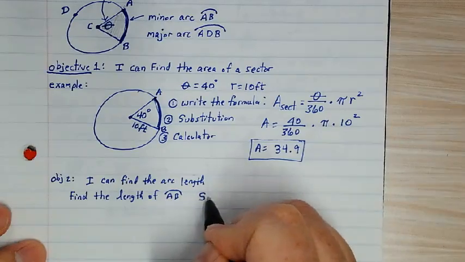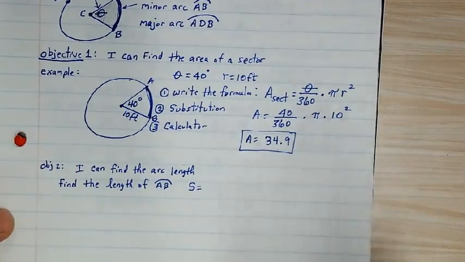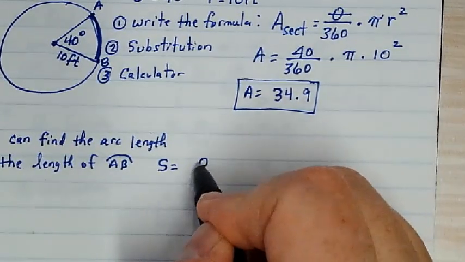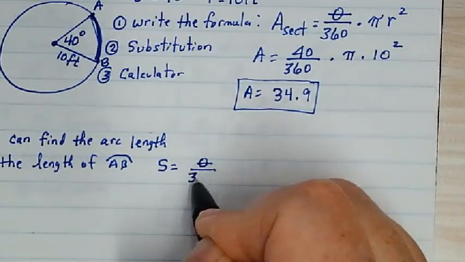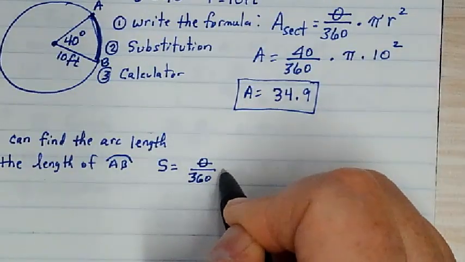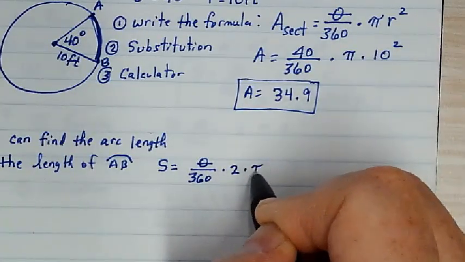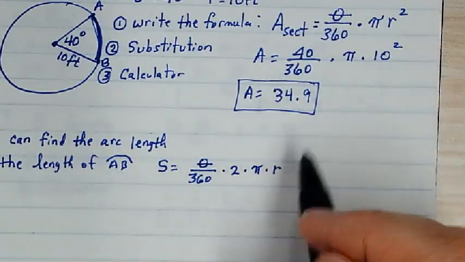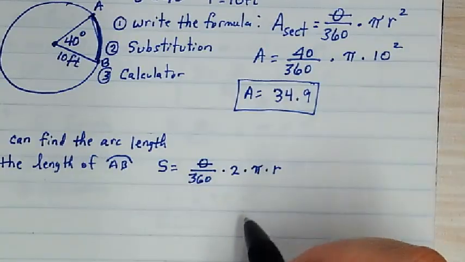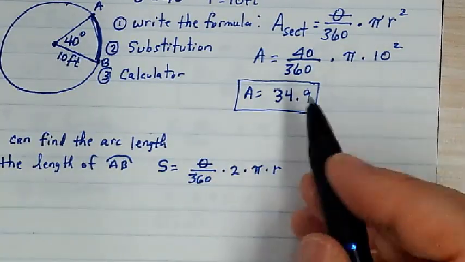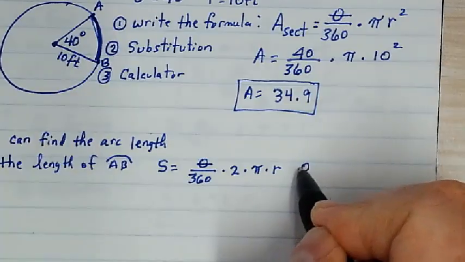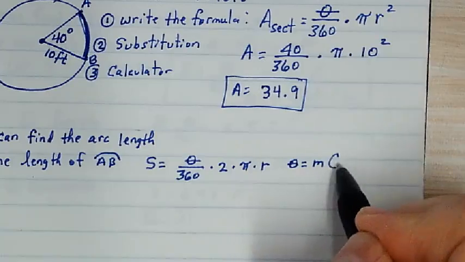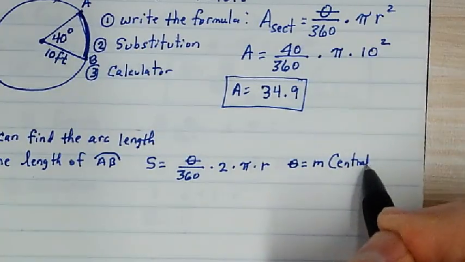And the formula for the arc length is theta divided by 360 times 2 times pi times the radius, not squared. Remember, theta equals the measure of the central angle, and that's going to be in degrees.